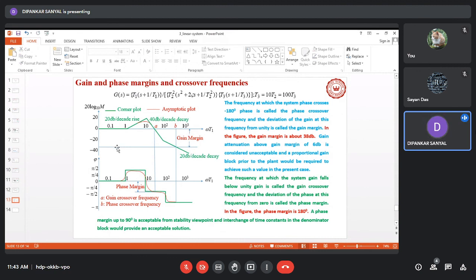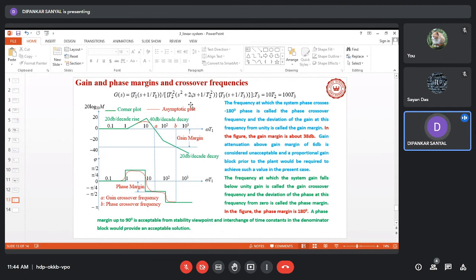And here in this particular system, the gain margin is between this minus 20 and minus 40, close to this minus 40. So roughly speaking, I have written it to be about 38 dB or so. But so much attenuation is also not good. About 6 dB normally we consider to be acceptable.